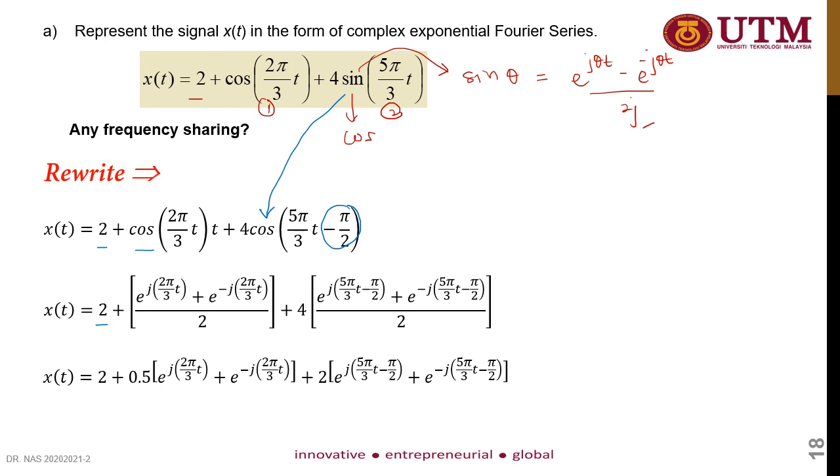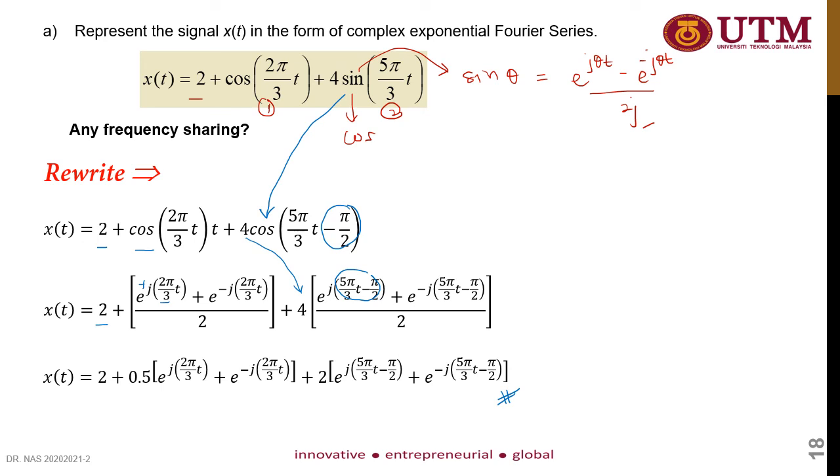So for cosine function is e^(j whatever inside the bracket) plus e^(-j whatever inside the bracket) divided by 2. Okay, so plus 4 times e^(j whatever inside the bracket), just copy whatever inside the bracket, plus e^(-j whatever inside the bracket) divided by 2. Okay, so now simplify the equation. So you get x(t) equal to the following equation.